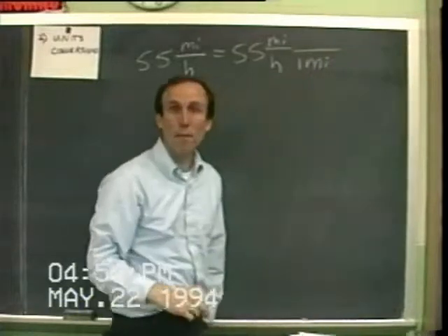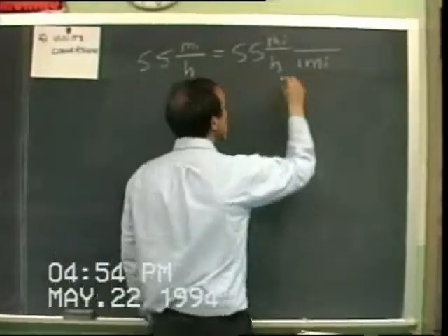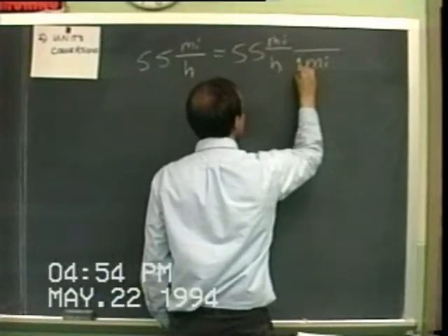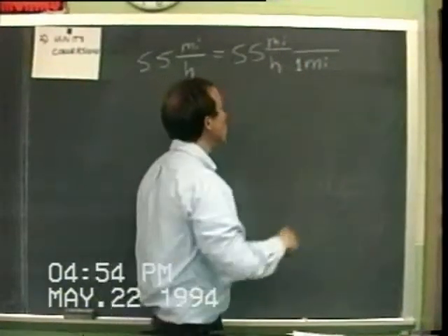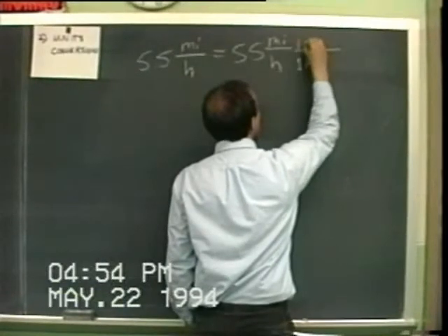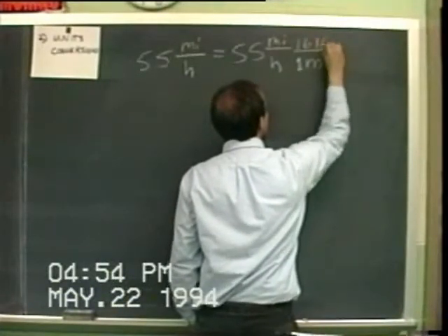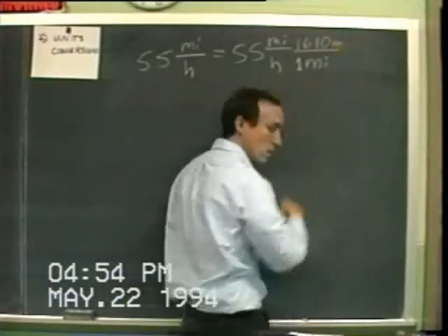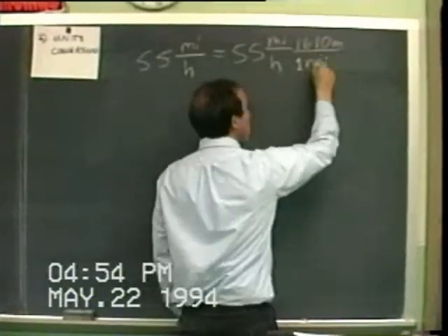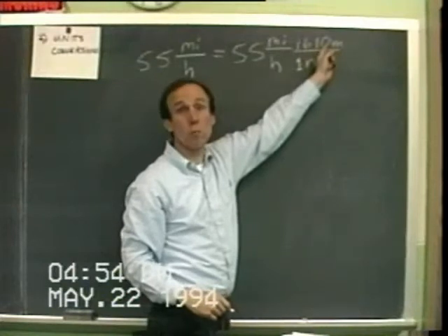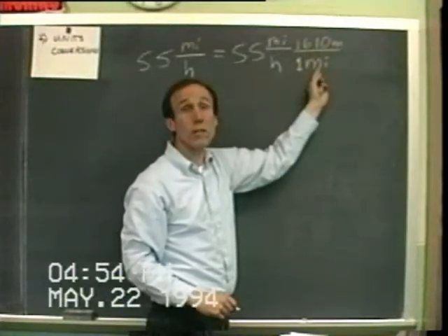Just the ratio of something to itself is always 1. I choose my 1 in such a manner as to get rid of the units that I'm trying to get rid of. So I'll multiply that by 1 in the form of 1,610 meters divided by 1 mile. Since 1,610 meters is 1 mile, this ratio is just 1.